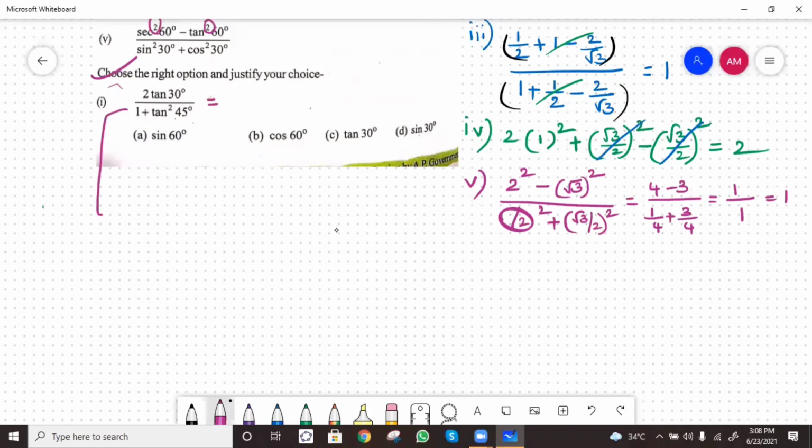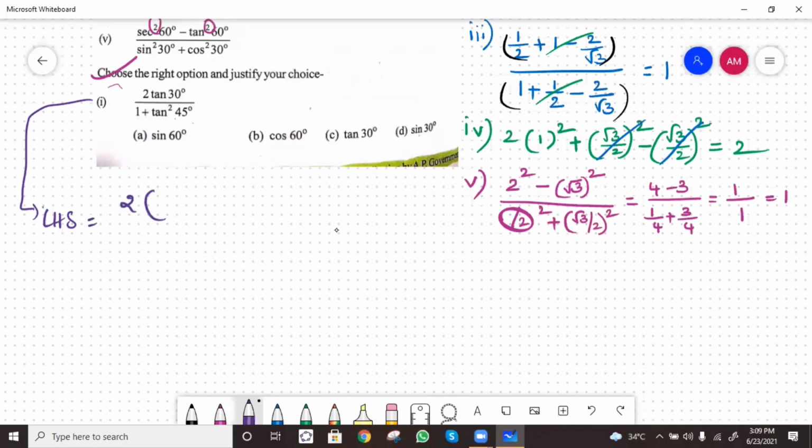Let us solve it here. Let us take this as the left hand side. Tell me, what is the left hand side in that problem? 2 tan 30. 2 into, we know the tan 30 value.